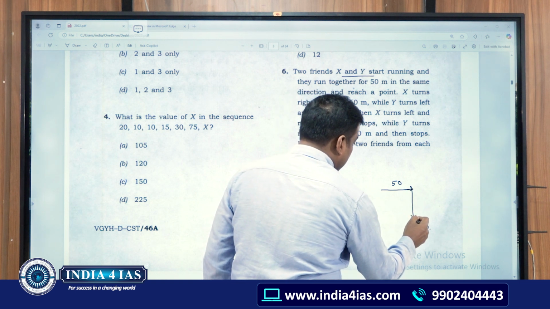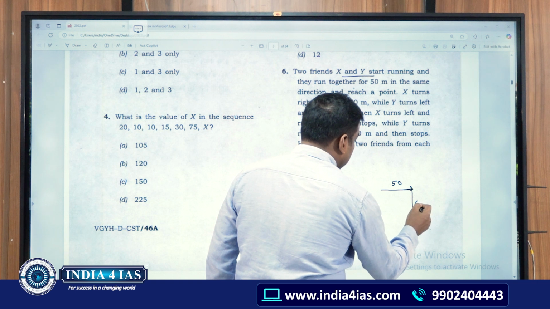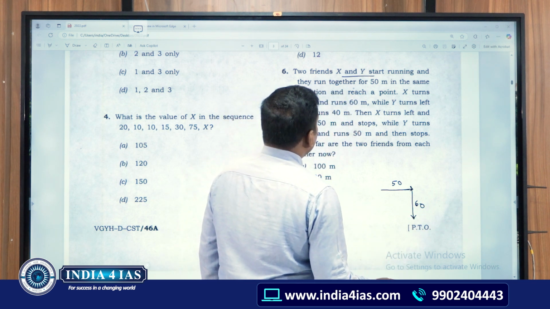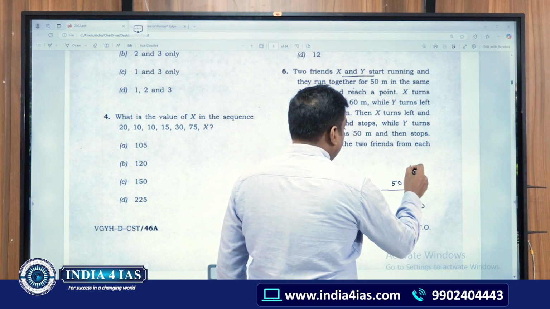X turns right and covers 60. Y turns left and covers 40.